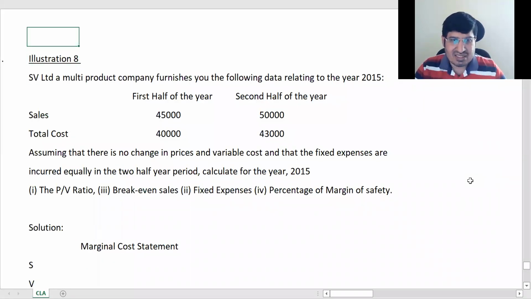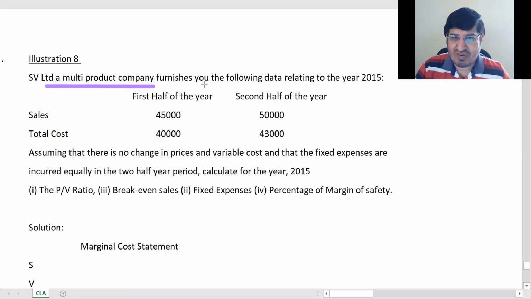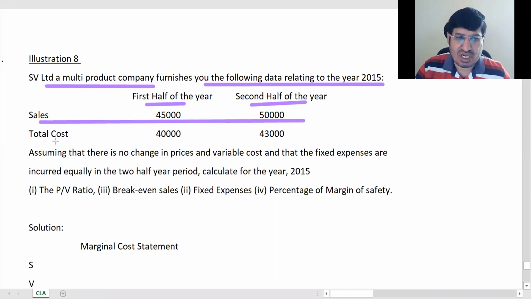Let us see what the problem is. SV Limited, a multi-product company, furnishes the following data related to 2015: first half, second half, sales, and total cost. Total cost is variable plus fixed cost.